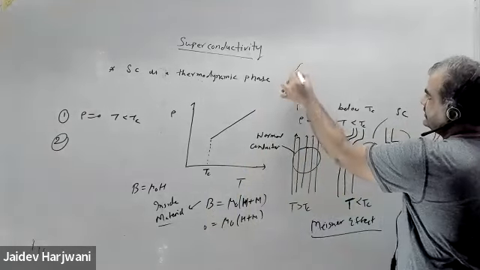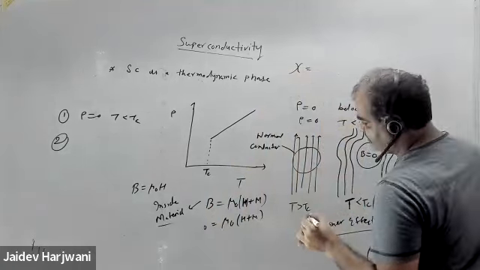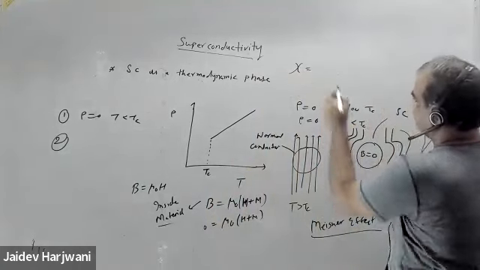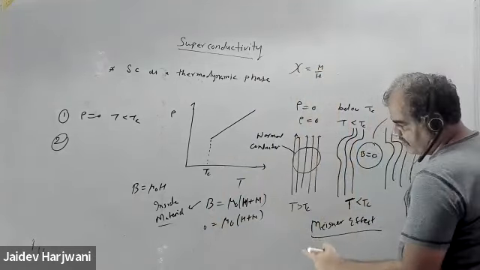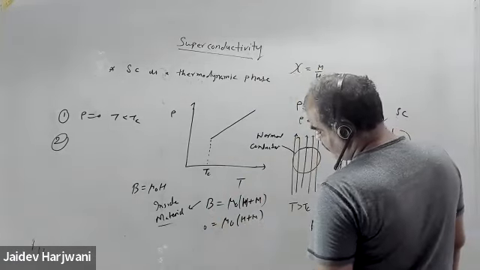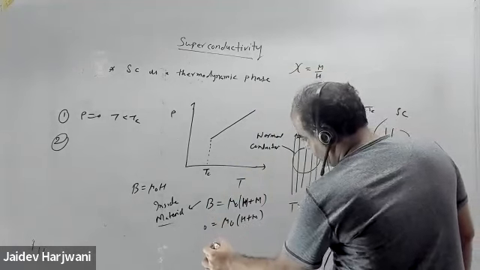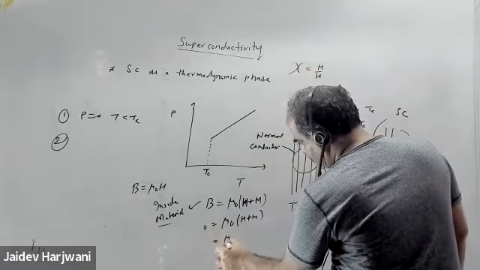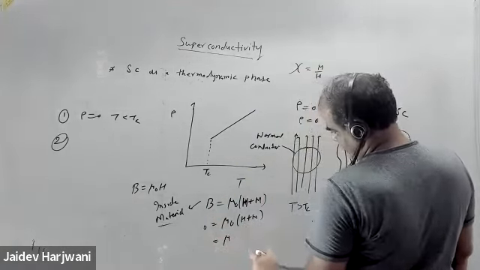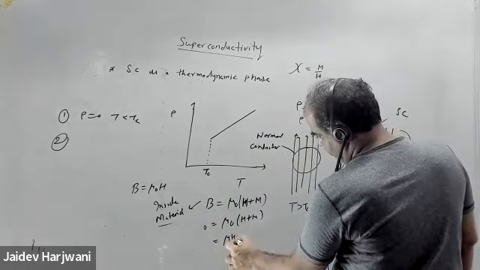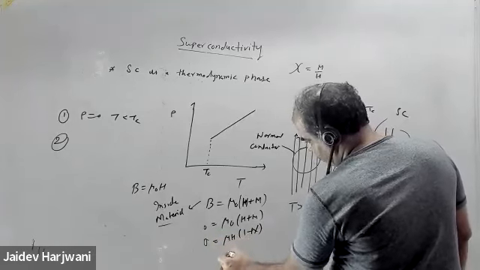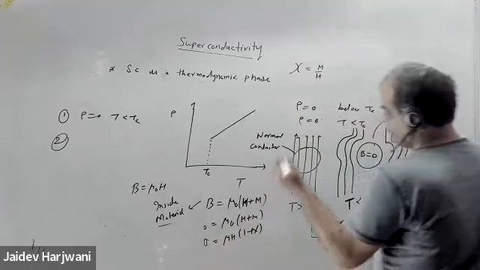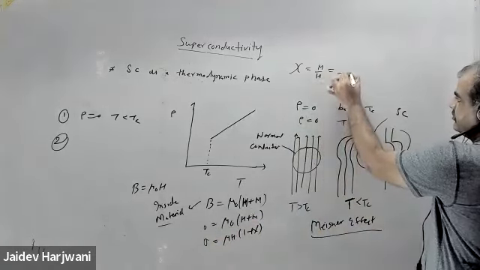The magnetic susceptibility is defined as M by H. If I take H common, this gives me mu 0 H (1 plus chi). Now if it is 0, then 1 plus chi is 0, so chi is equal to minus 1.